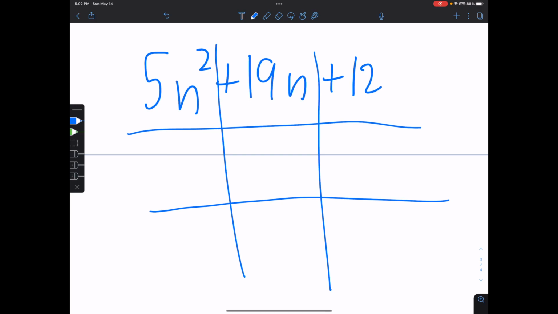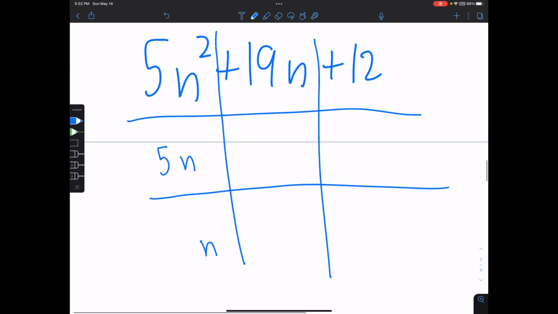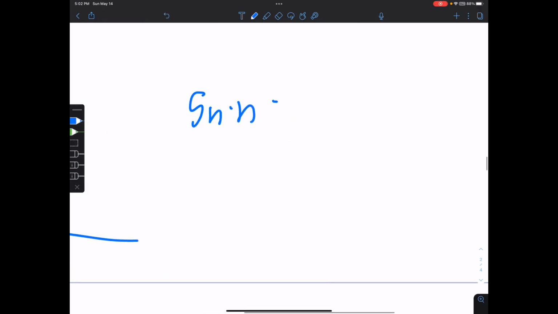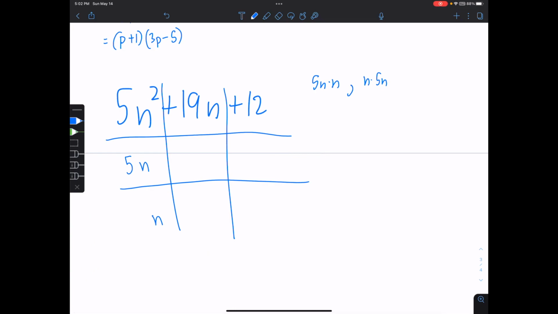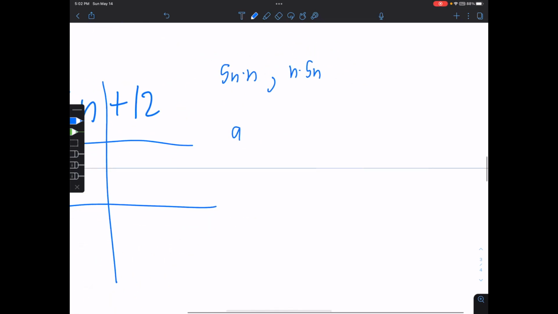And obviously here, by the way, there will be an n in each here, but there's only two ways to make 5n, right? You can either do 5n times n, right? Or you could do n times 5n.